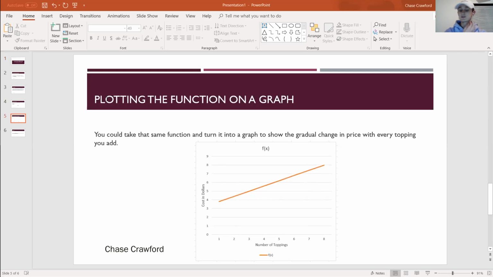And then it shows as it goes up, it shows the little amount that it adds every time you add another topping onto it.